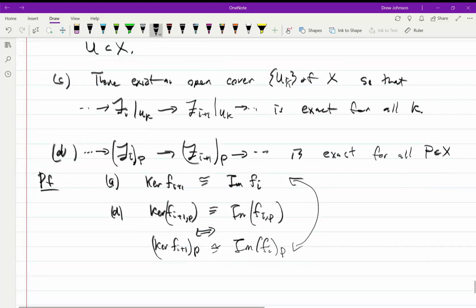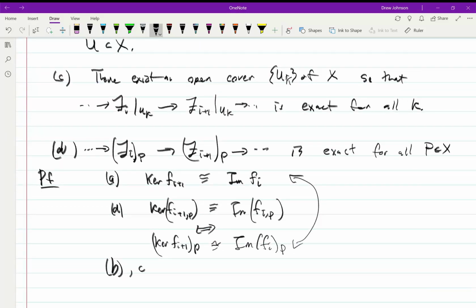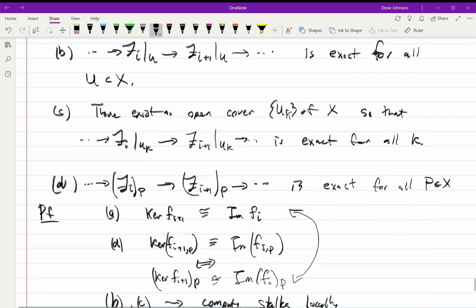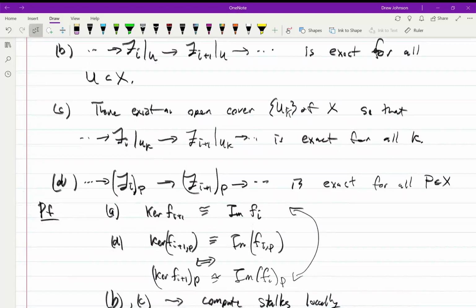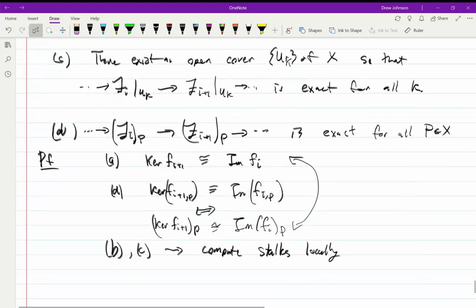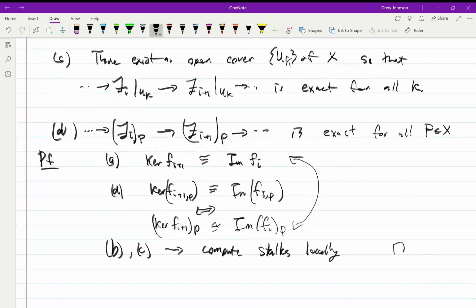And then for B and C, the fact is that you can compute stalks locally. It's good enough to know an open neighborhood of a point to compute the stalk. So you can get B and C from D. That's all I'm going to say about that. You can think more carefully about the details.